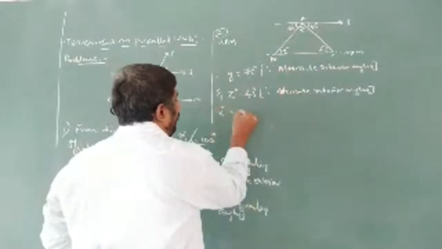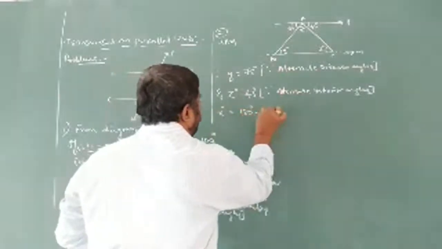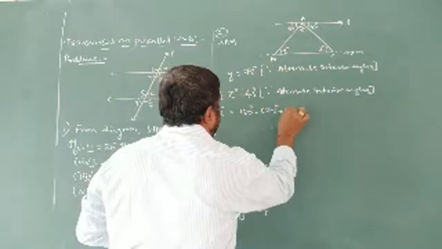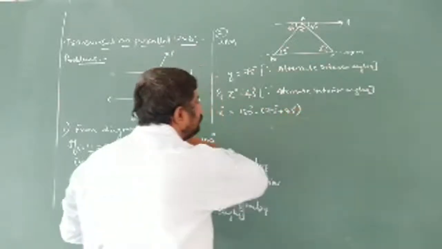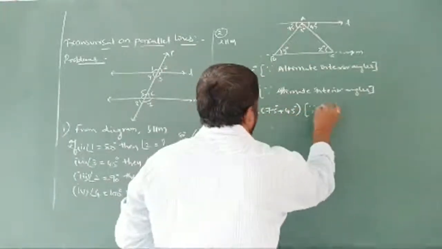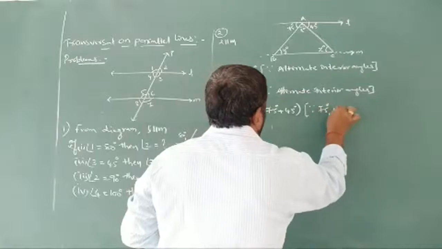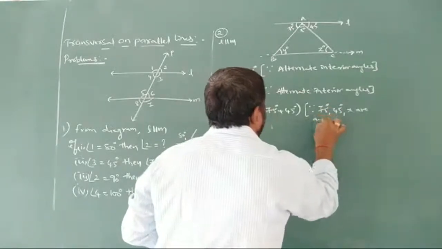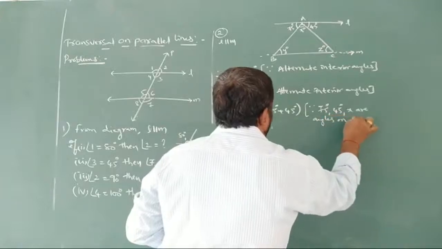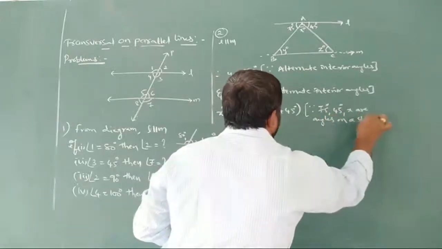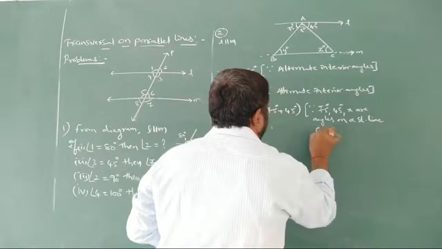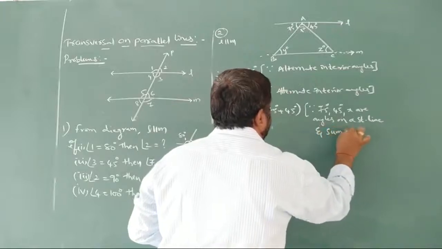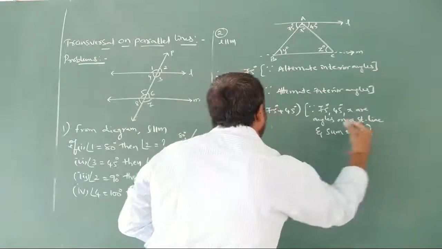For X we need 180 minus (75 plus 45), since 75, 45 and X are angles on a straight line, and the sum is 180 degrees.